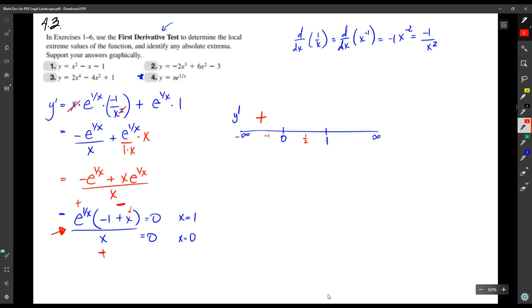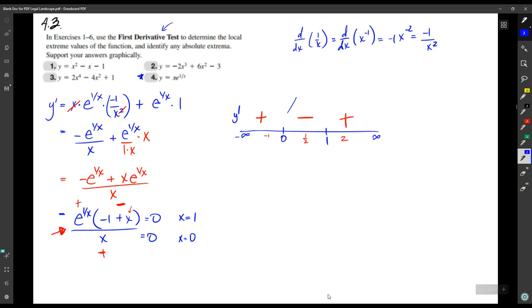So it'll be positive times negative over positive, which is negative. Then at 1, we will go to 1 to infinity and pick maybe a test value of 2. That's going to give us positive times positive over positive. That'll be positive.